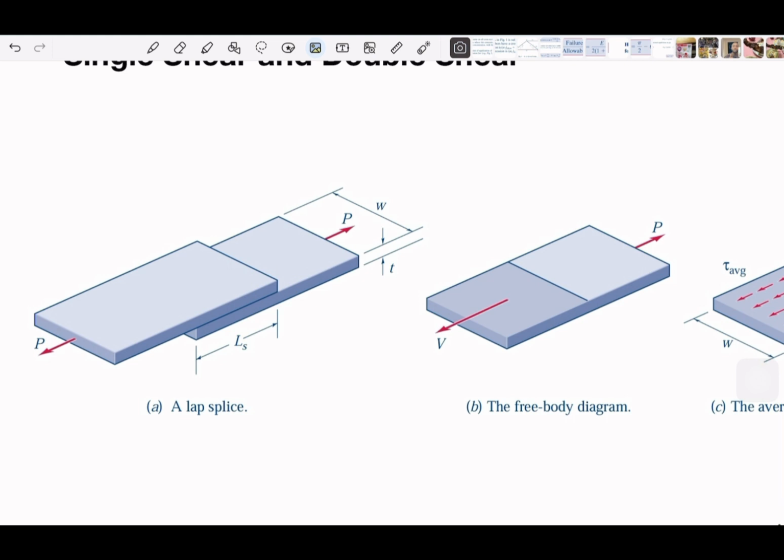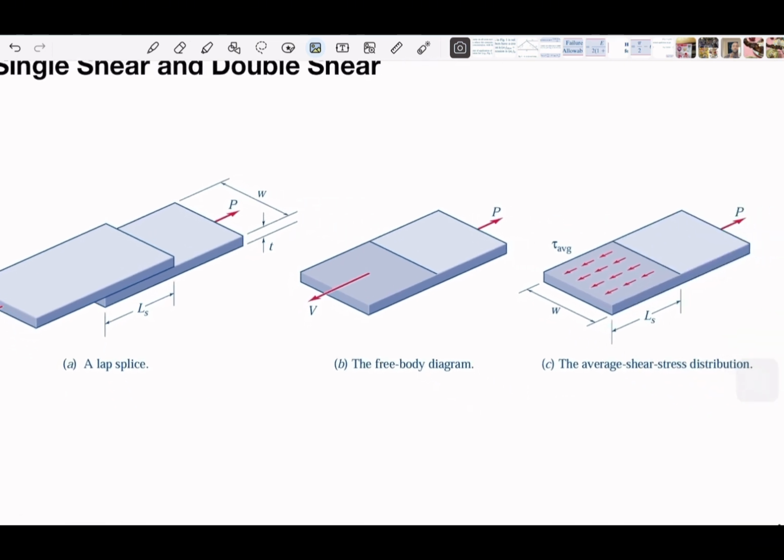If we take the first layer, there will be some forces that react with the second layer, which we define as our shear. And on average, we have our distribution here, and we define our surface by this length, this L and W. This will be the length over the area.